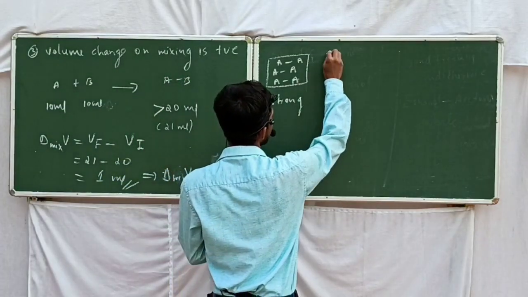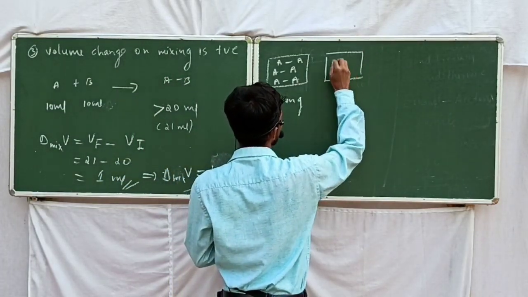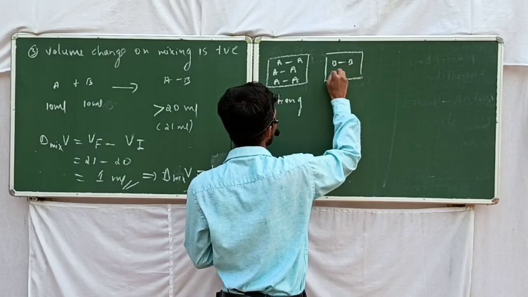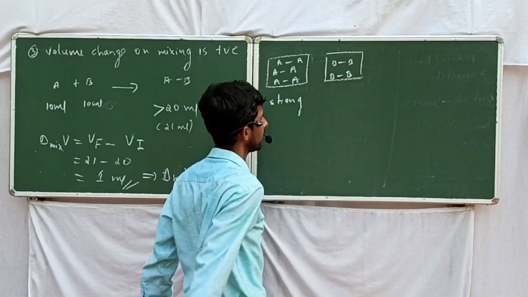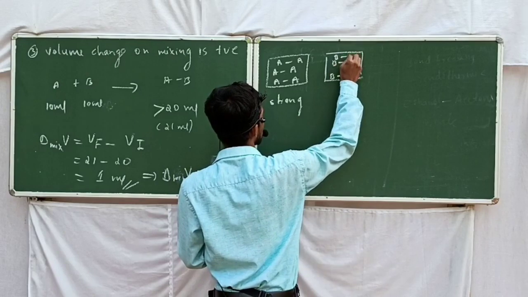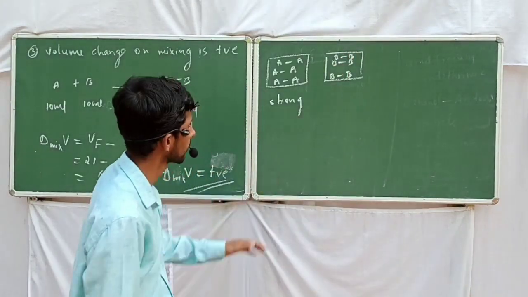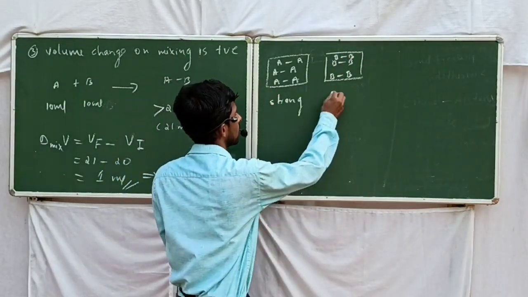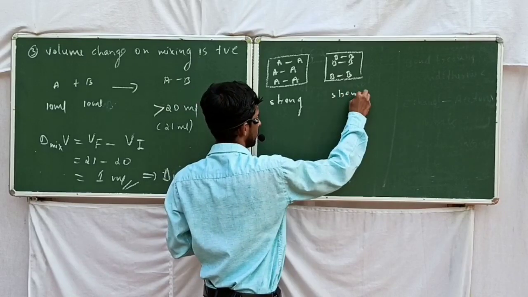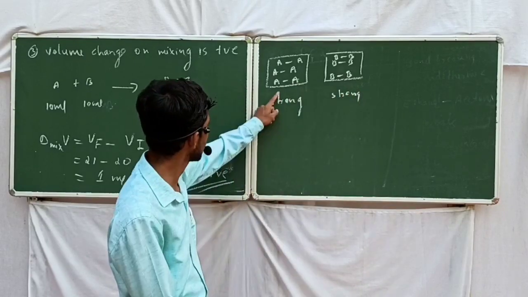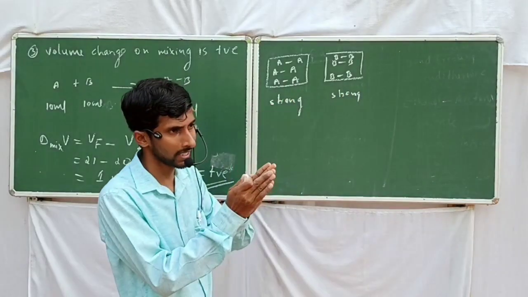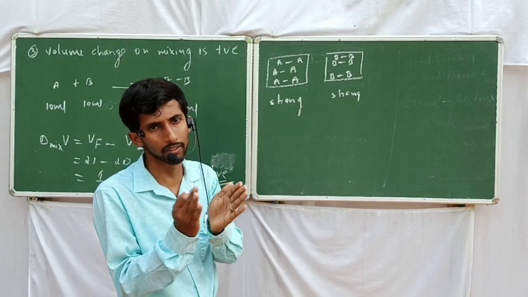If the intermolecular force of attraction is very strong, then the molecules are tightly bound to each other, so they will occupy less volume.